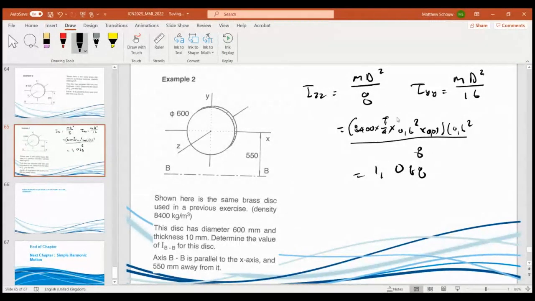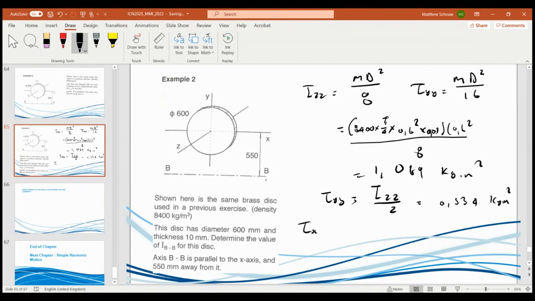Yeah, I want to say 9 maybe. And obviously Iyy will be half of this, right? So that's basically divided by 2. Iyy is basically the Izz divided by 2. It's nearly the same. 0.534 kilogram meter squared. And then we're subtracting to get Ix. Remember that Izz should be equal to Iyy plus.